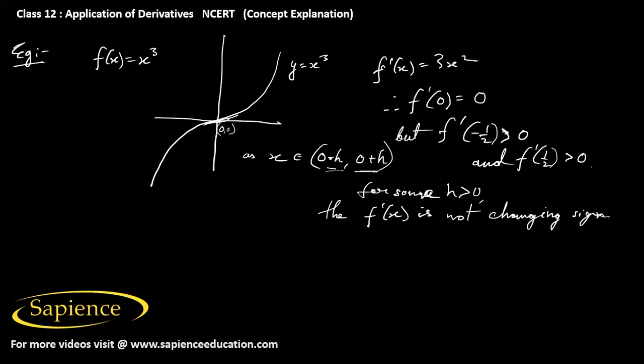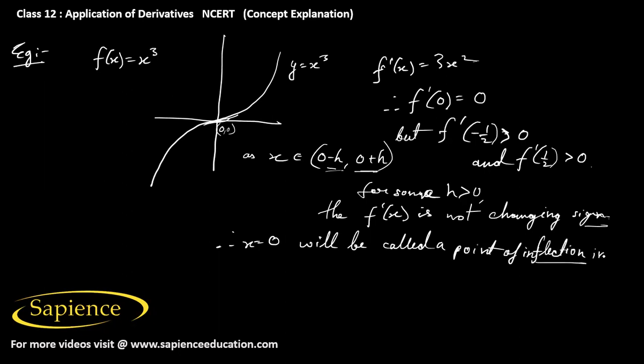So in the interval which contains 0, f dash x is not changing sign. Therefore, x equal to 0 will be called a point of inflection in this case.